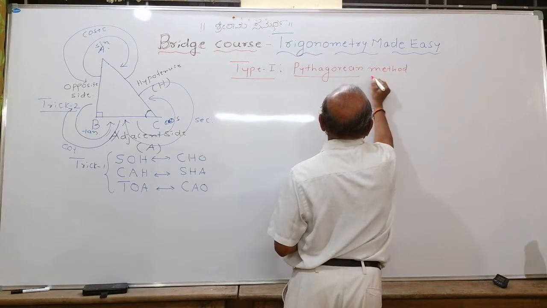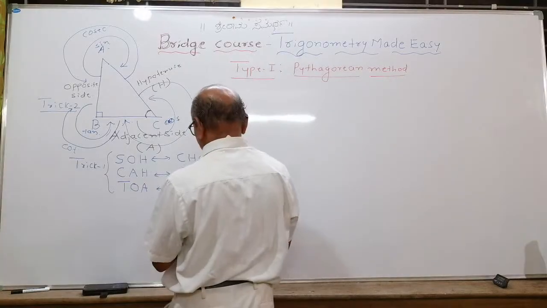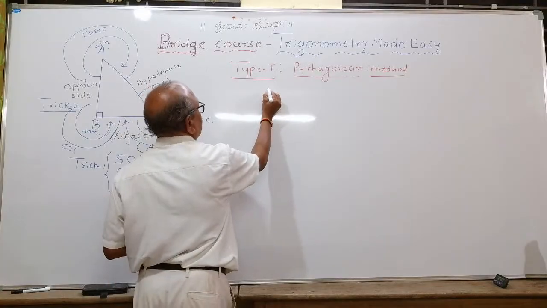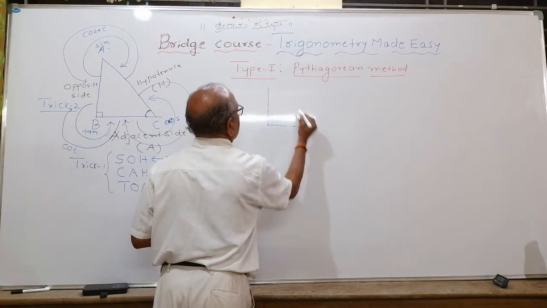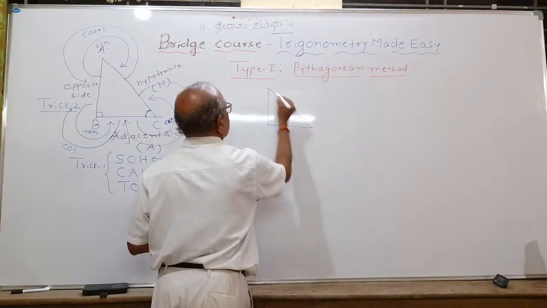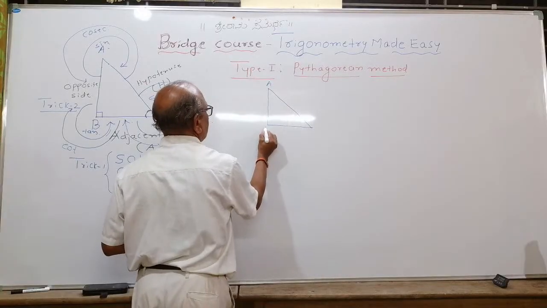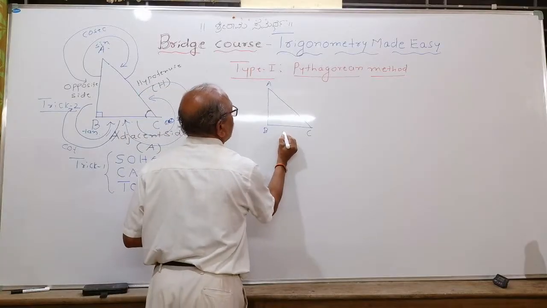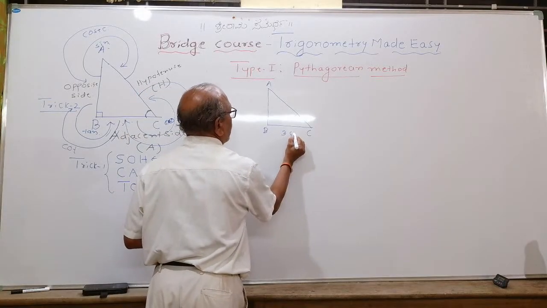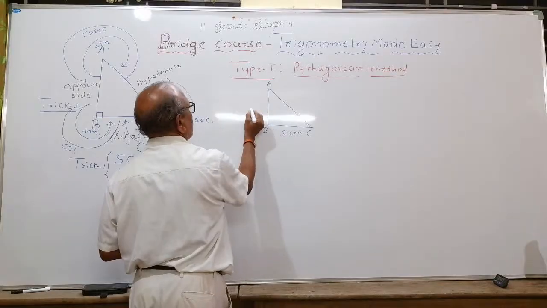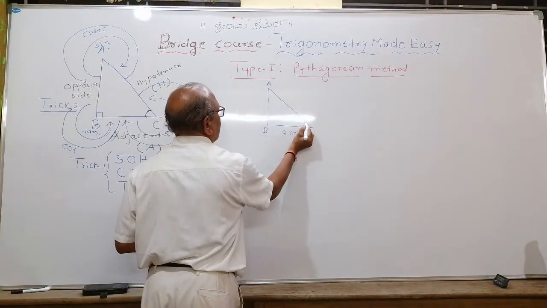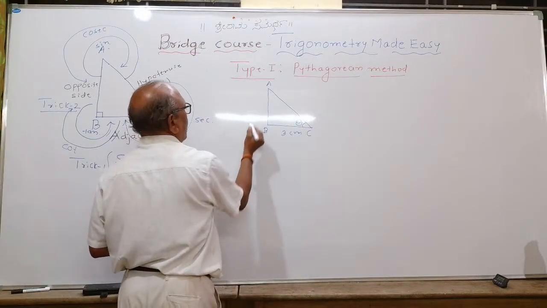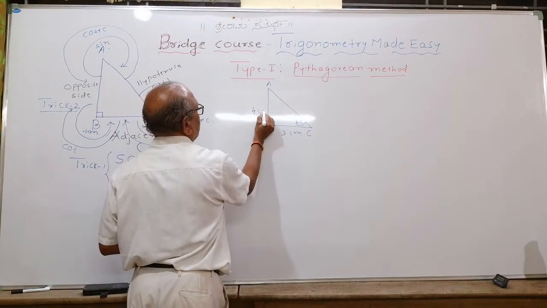In this type, they will give a right angle triangle, say ABC. They will give one side as 3 centimeter, and the angle theta, and another side as 4 centimeter.